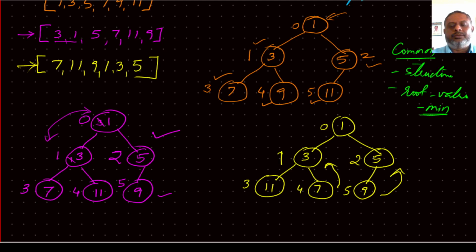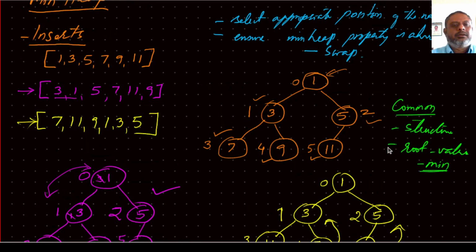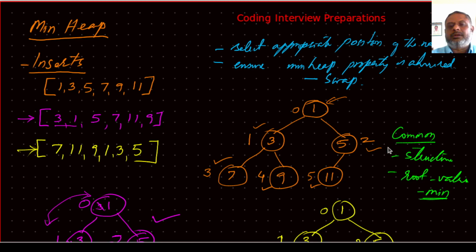The position issue is same, only issue of relation between parent and child has to be reversed. So that's only thing. Rest all are the same. So that's how the insertion is done in the heap tree, whether it's min heap or max heap.